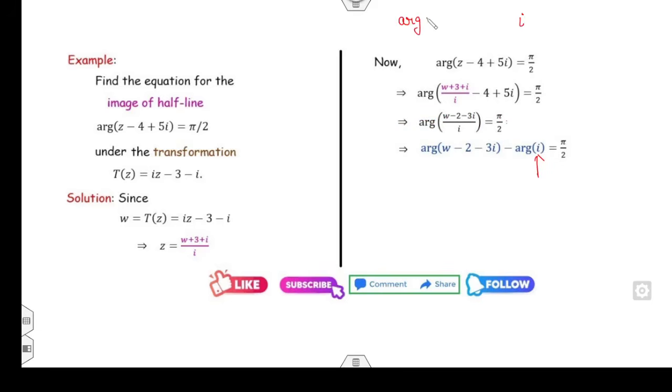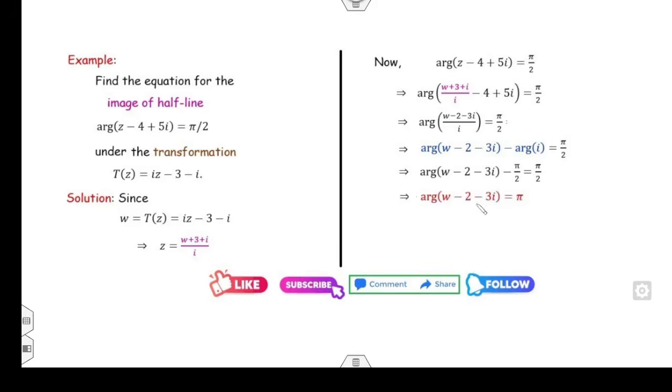Argument of iota is tan inverse. What is the imaginary part? 1. Real part is 0. And what is 1 over 0? It's infinity. Infinity means pi over 2. So that number will be pi over 2. I can take pi over 2 on the right hand side. This number will be argument of w minus 2 minus 3 iota, which is equal to pi.